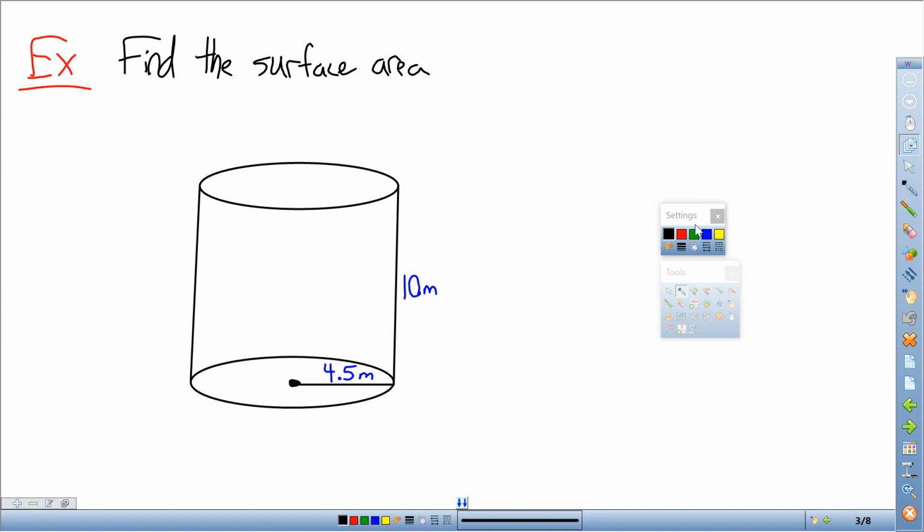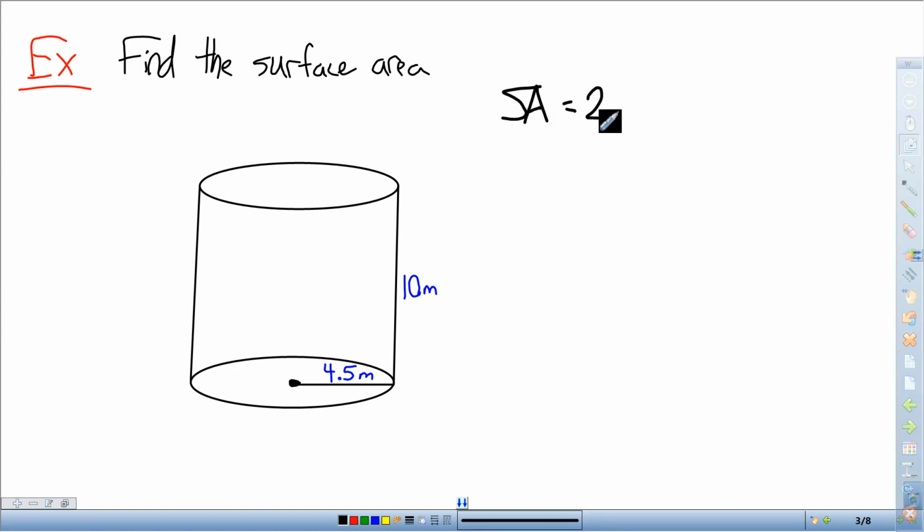Okay. So first things first, let's get the formula written out. Surface area of a cylinder equals 2 times area of the base plus the circumference of the base times the height of the cylinder. And let's get those formulas plugged in. By the way, let's also plug in the radius so we don't have to take too many steps. So if we're doing area of the base, pi r squared, we can see we're given the radius, it's 4.5. So we can go ahead and say pi 4.5 squared.